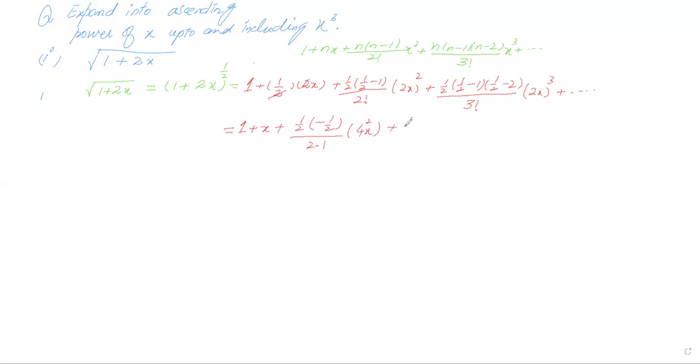Then we have 1 by 2 times minus 1 by 2, and when you solve with the help of the calculator, you will get minus 3 by 2, divided by 3 into 2 into 1. And what's the answer of 2x cube? It becomes 8x raised to power 3, plus so on.